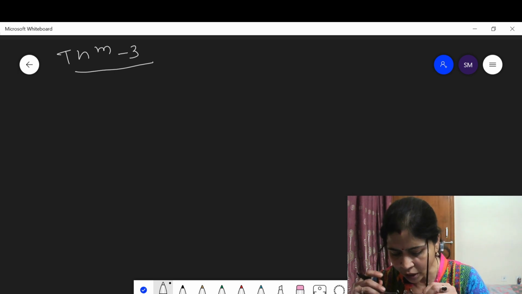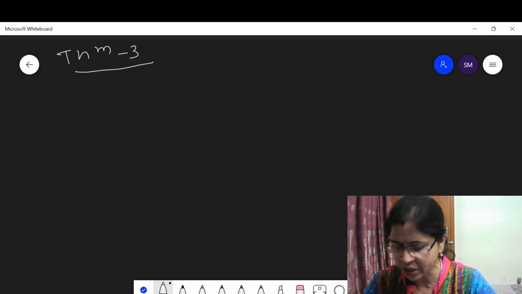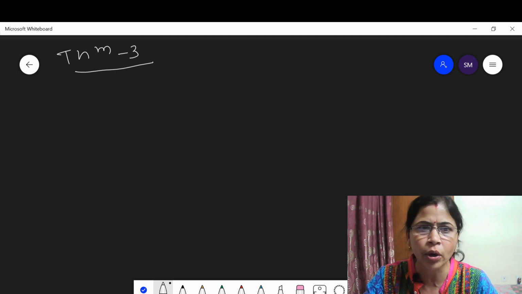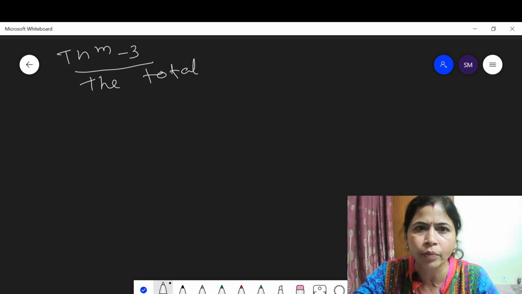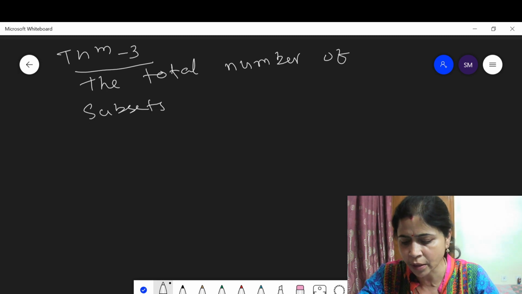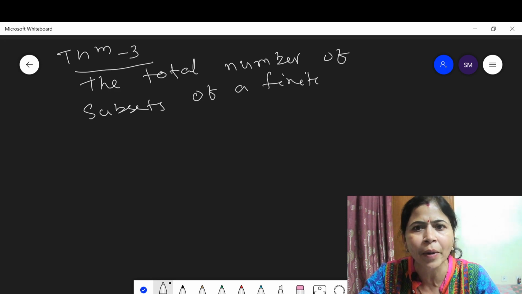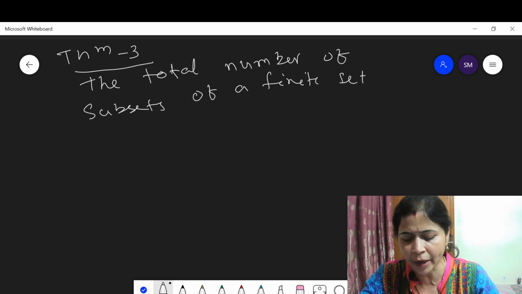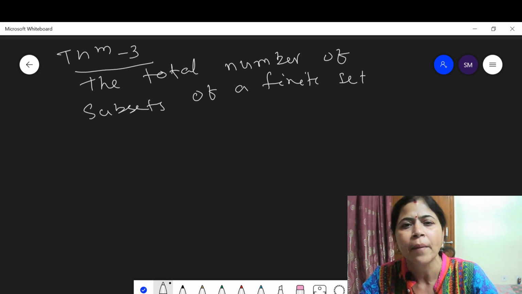Then Theorem 3. What does Theorem 3 say? The total number of subsets of a finite set containing n elements is 2 to the power n. You know what a finite set is? A finite set means the number of elements present in the set is a counting number, that is, a finite number of elements is present in the set.